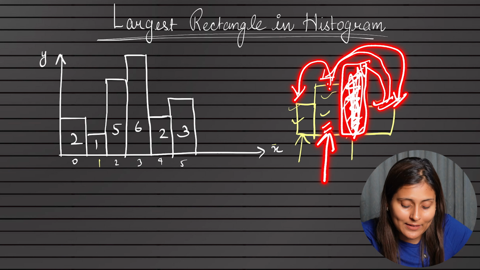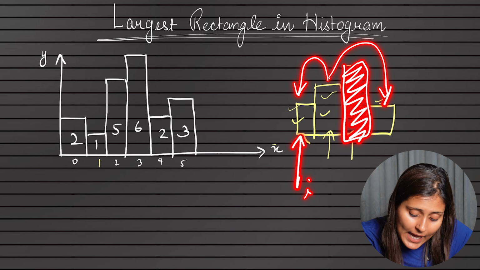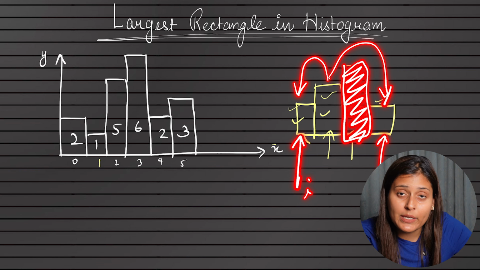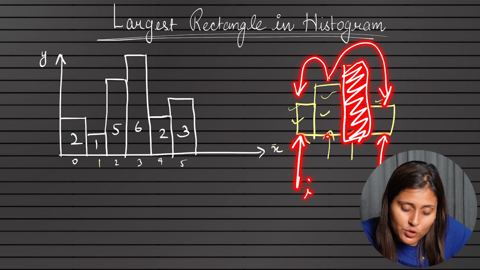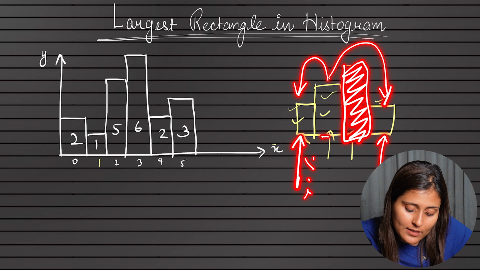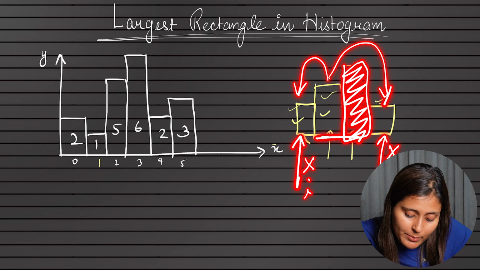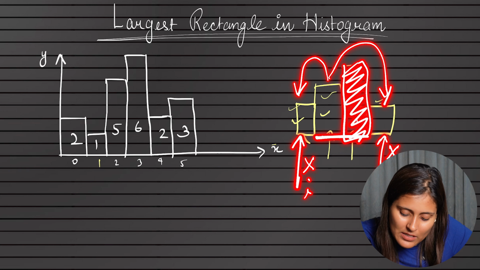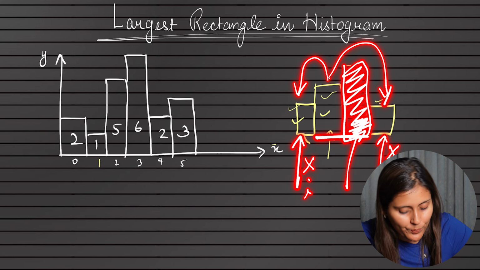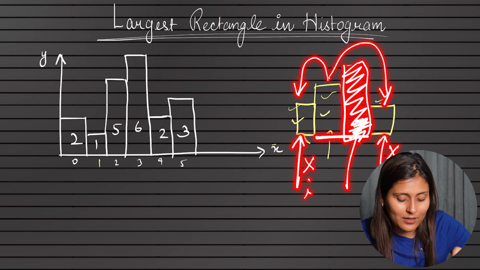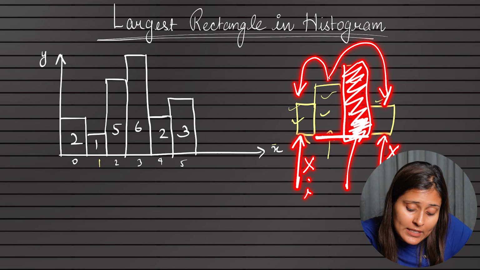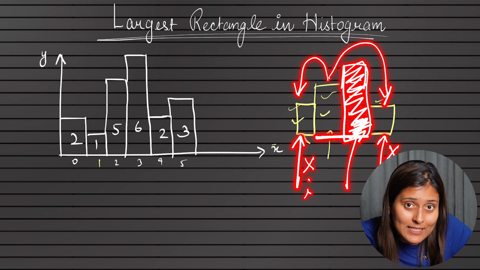But how will I calculate the area? So this is my i and this is my j. i and j will be the smaller elements, meaning left smaller and right smaller. So I want to calculate the area. Can I say when ith and jth index are not valid, the width will be this. But you will say this is not present in the stack also. Yes, it's not present. But if you remember, definitely this value was greater in height in the stack.